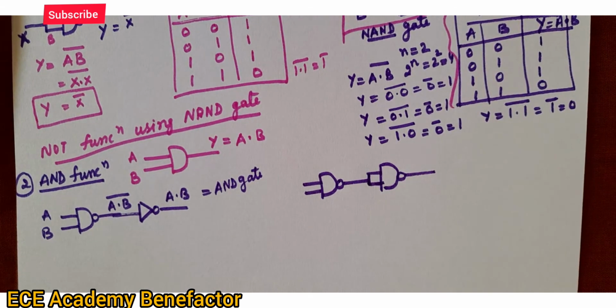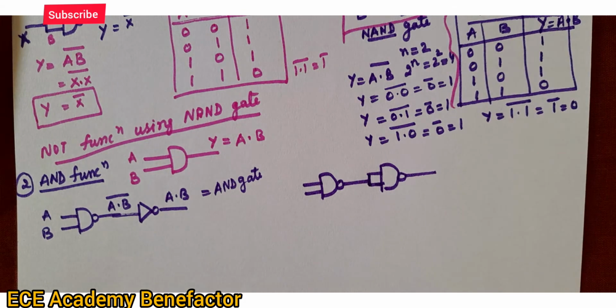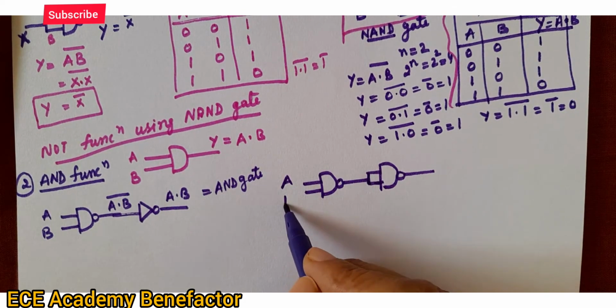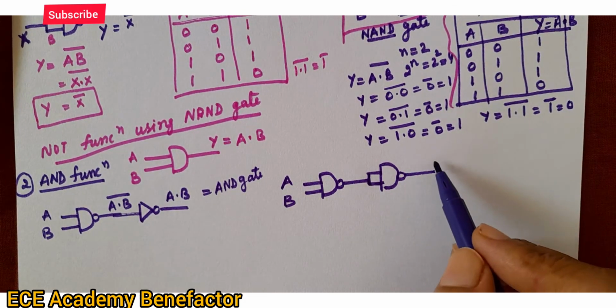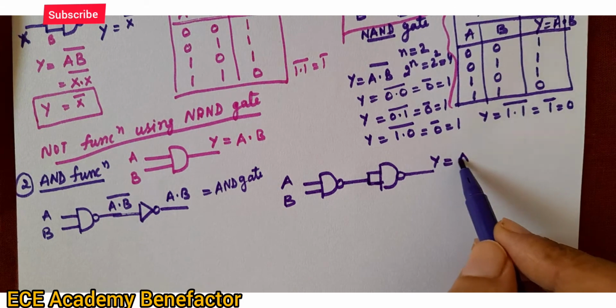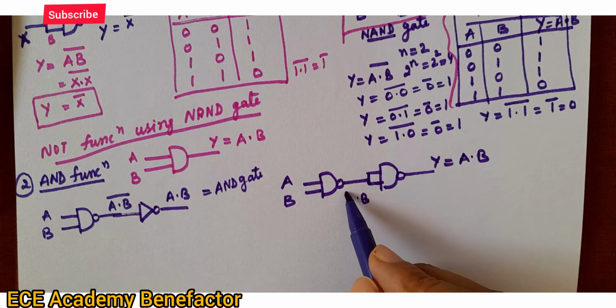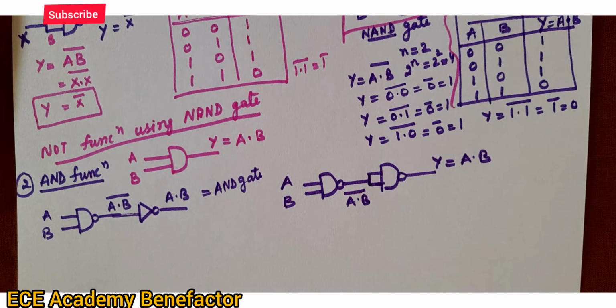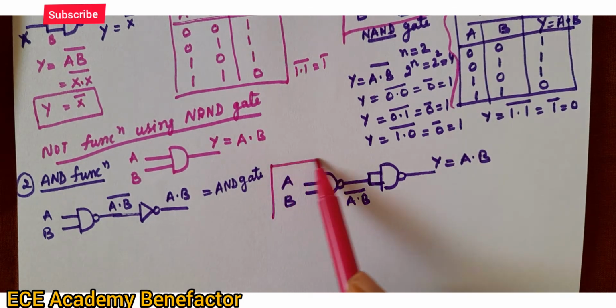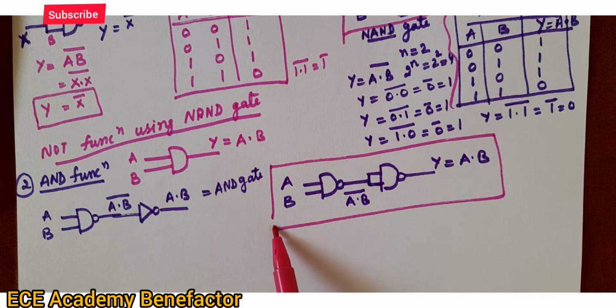So, this is how we design an AND gate using NAND gate. Our output will be A dot B. Here we are getting A dot B whole bar. So, using NAND gate, we got the expression for an AND gate.